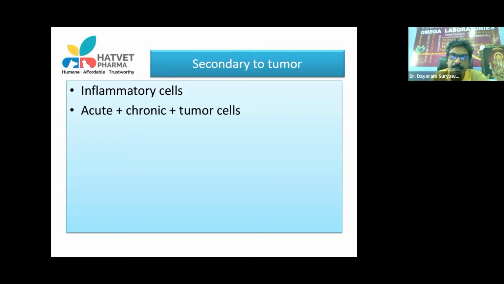Then secondary to the tumors. Inflammation can be observed because of tumors, as necrosis is continuously going on in the highly proliferative tumors. In such cases, we are getting inflammatory cells, which may be acute or chronic inflammation, and tumor cells in abundance.